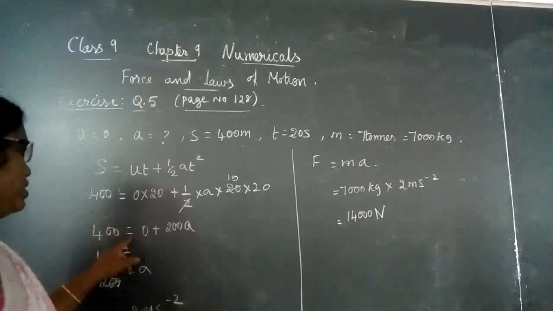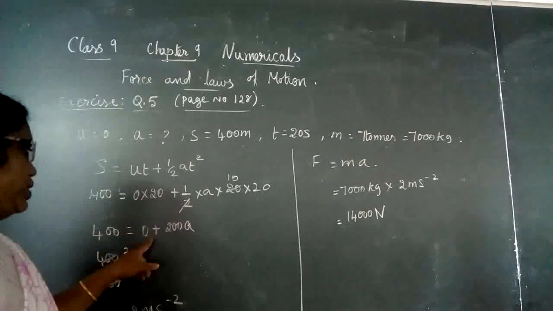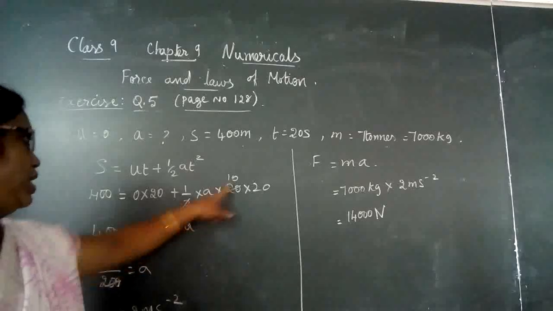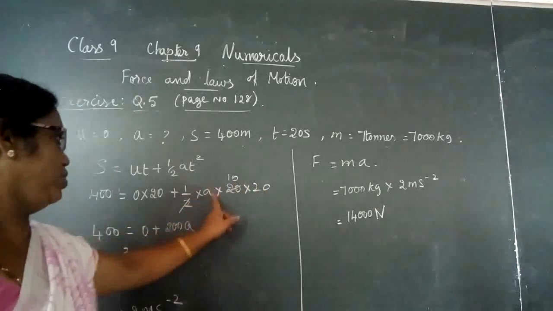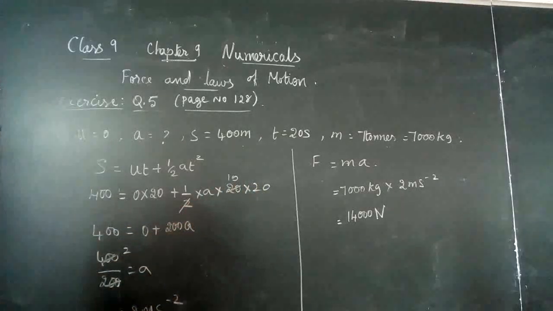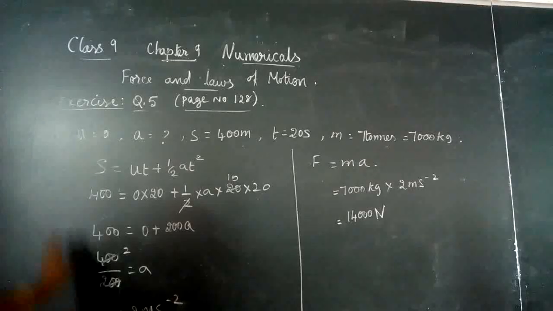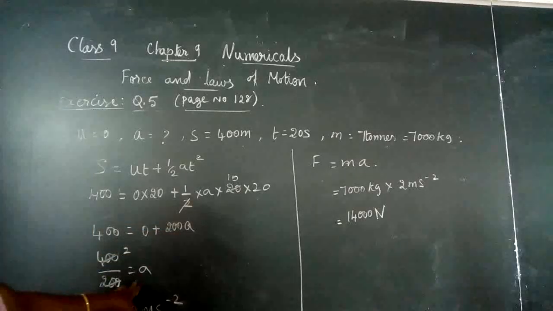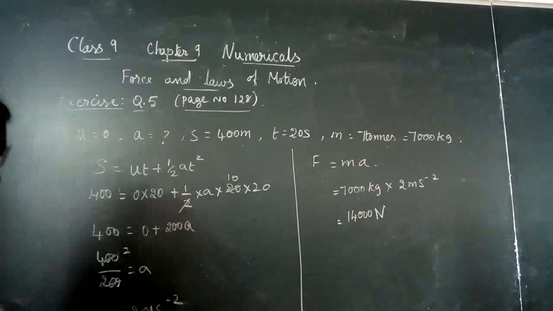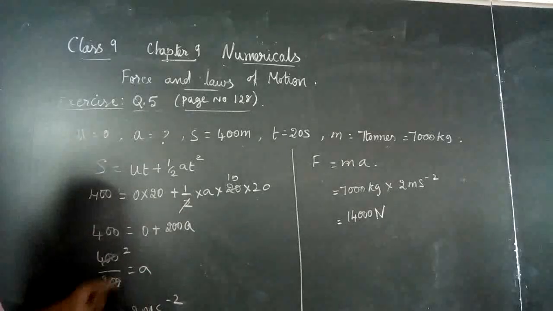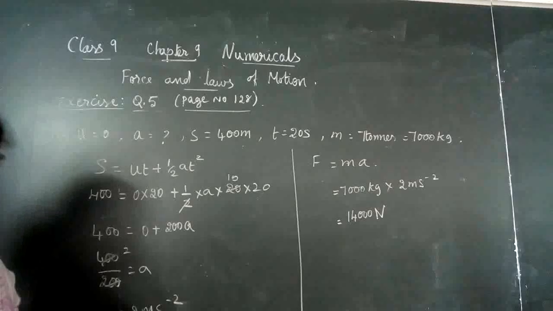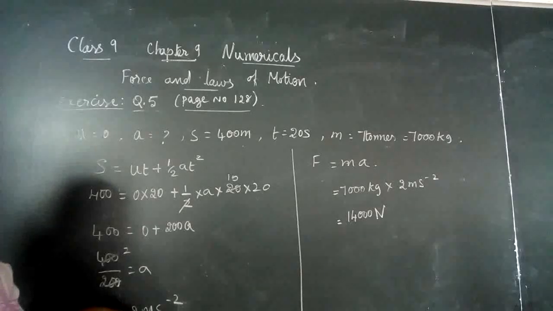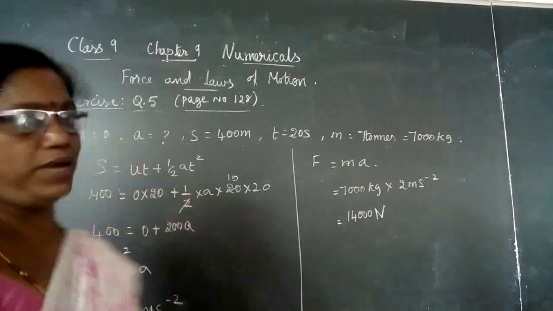So 400 is equal to 0 plus 20 into 10 into a, which gives you 200 a. So 400 divided by 200 is equal to a, or a is equal to 2. Hence the acceleration is 2 meter per second square.